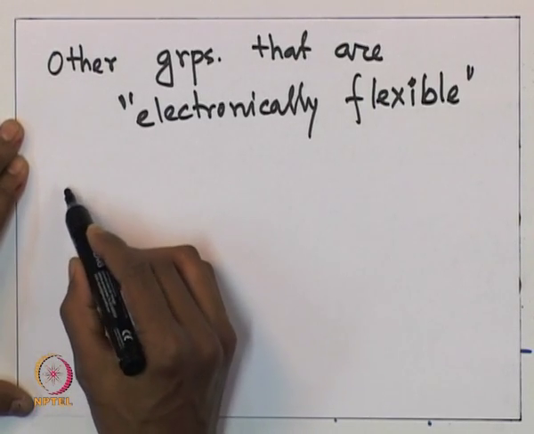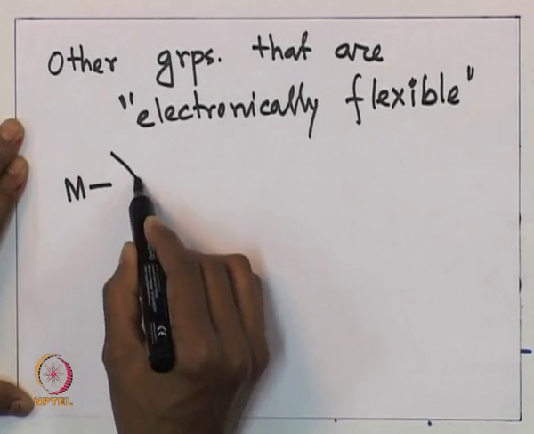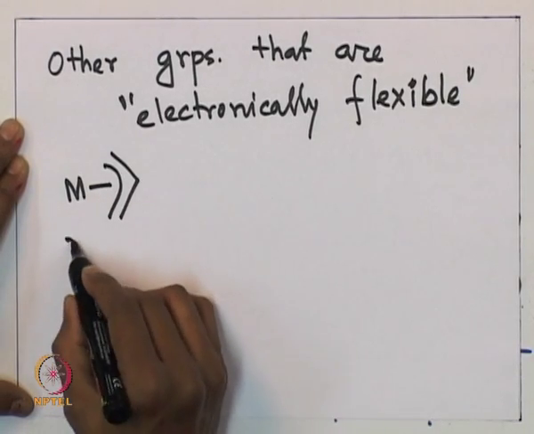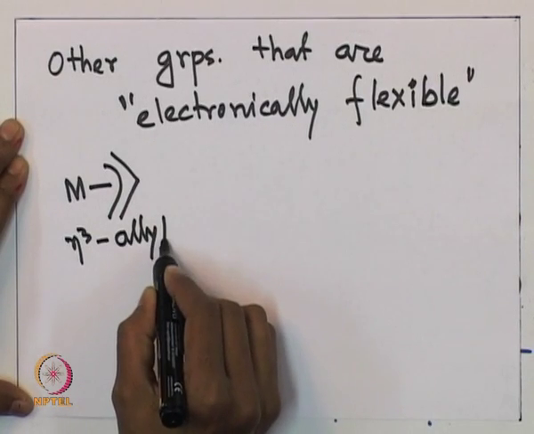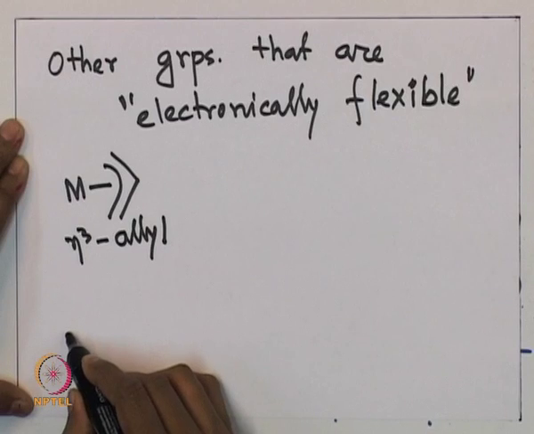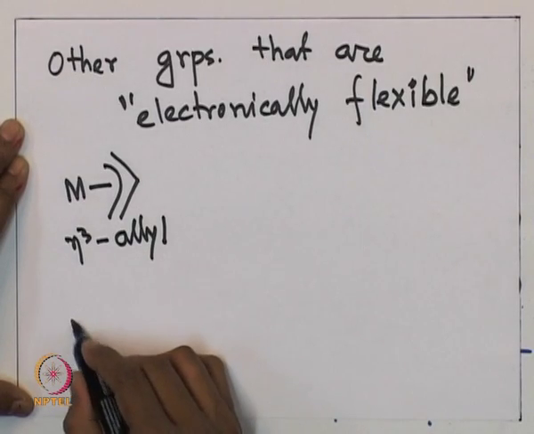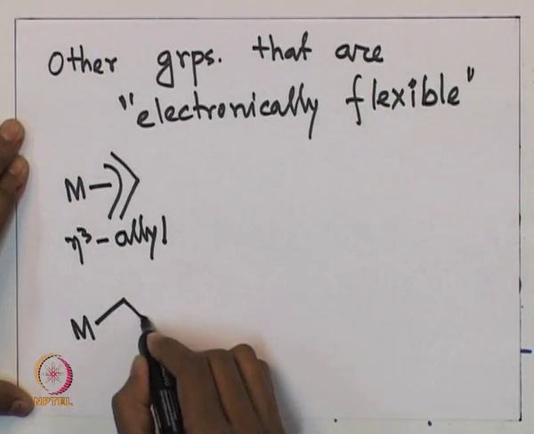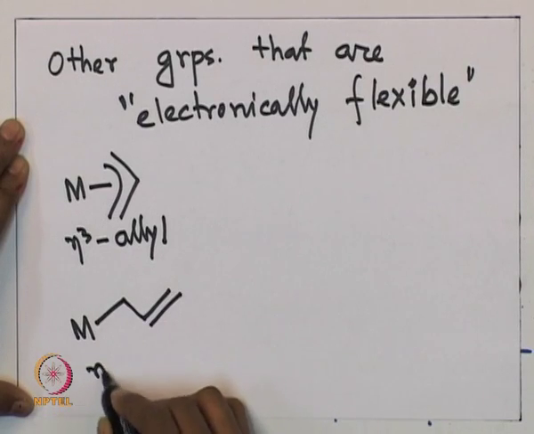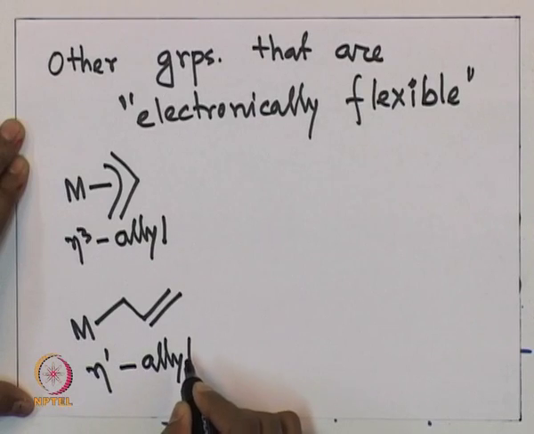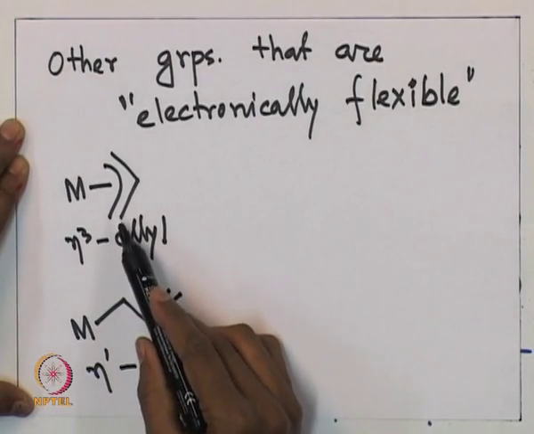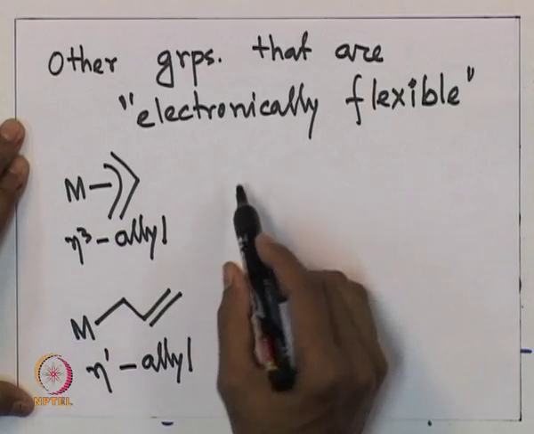Indeed, there are. For example, you can have an eta 3 allyl complex, and this allyl complex can undergo something similar to ring slippage. It is now eta 1 allyl. So, eta 3 to eta 1 slippage.